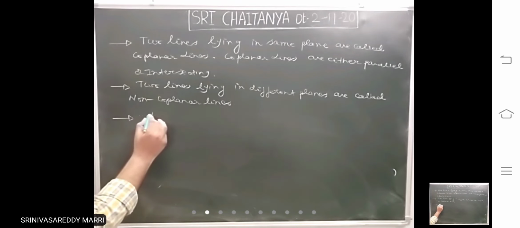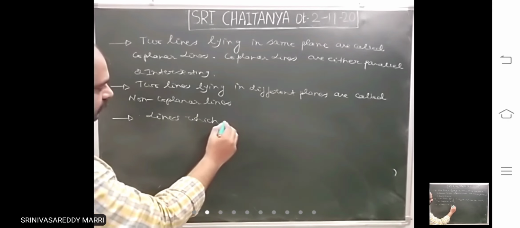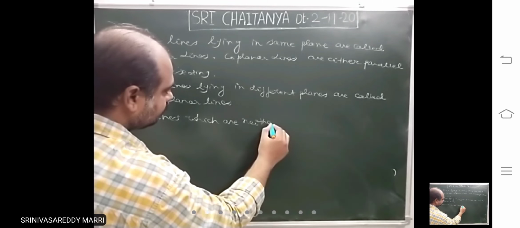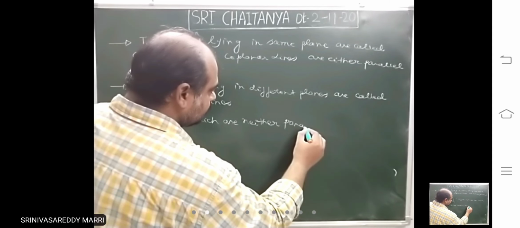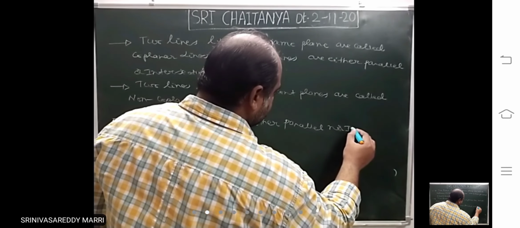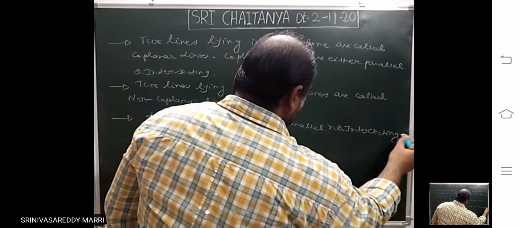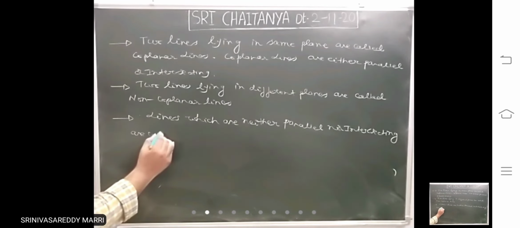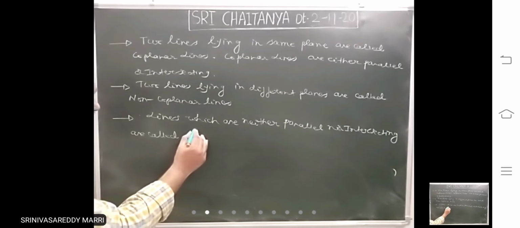Look. Lines which are neither parallel nor intersecting are called skew lines.